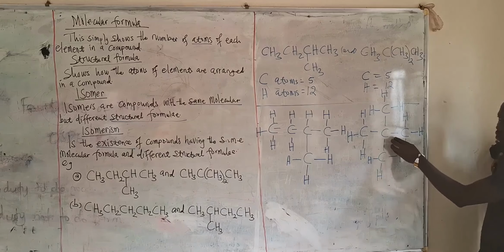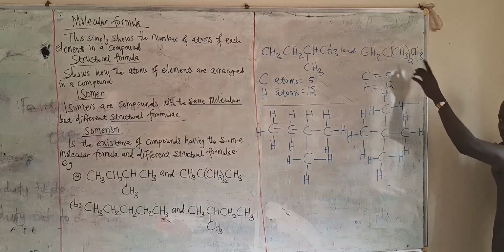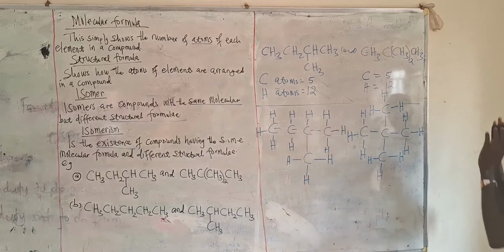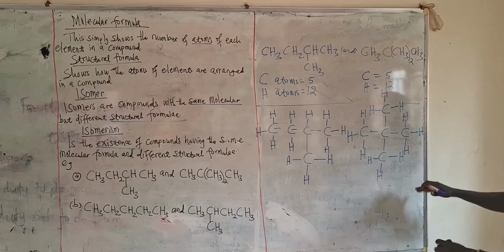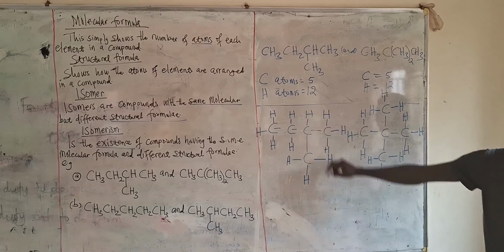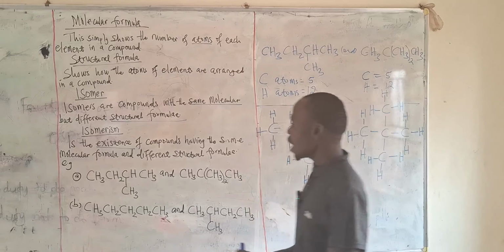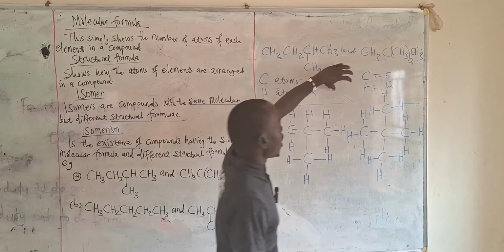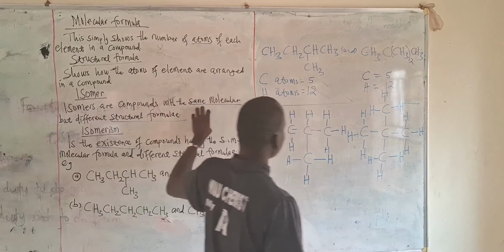So this is the structural formula for these compounds. We're going to name them ahead, and this is the structural formula of this compound. So when we look at them structurally, their arrangement, this one is different from this. And that's why we are saying isomers are simply compounds with the same number of what? With the same molecular formula.